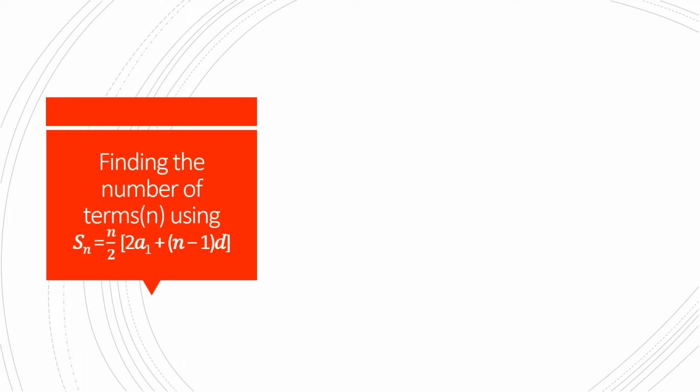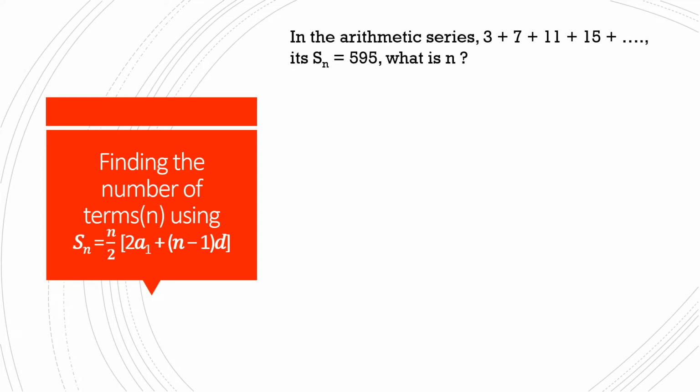Okay. So what if we are going to find the number of terms? This time our n is unknown, but the sum is given. So let's have this example. In the arithmetic series 3, 7, 11, 15, the given sum is 595. What is n?